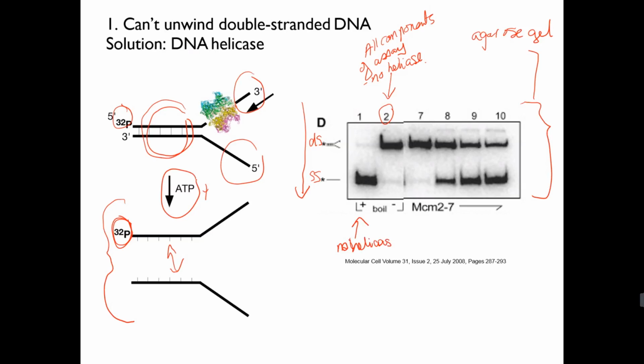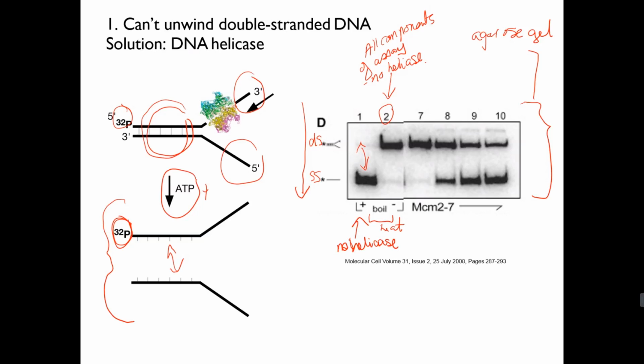So no helicase. And it's simply done by boiling, so applying some heat to denature the double-stranded into single-stranded components. So if you heat the substrate to denature it, the strands remain denatured during the course of the experiment, and you can tell the difference between the size of the double-stranded and the single-stranded that's depicted here as these bands.